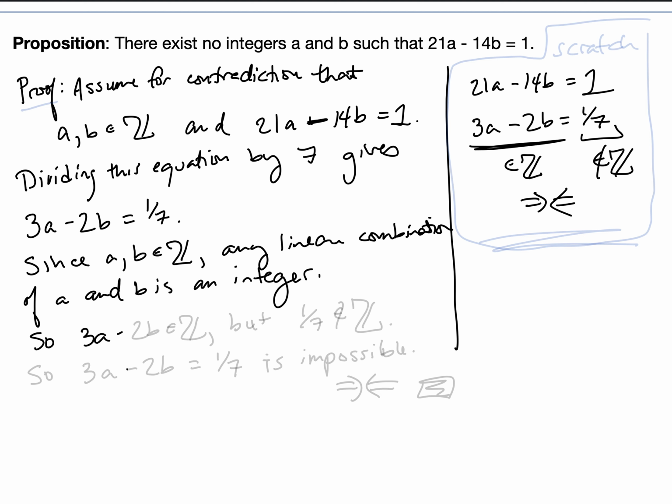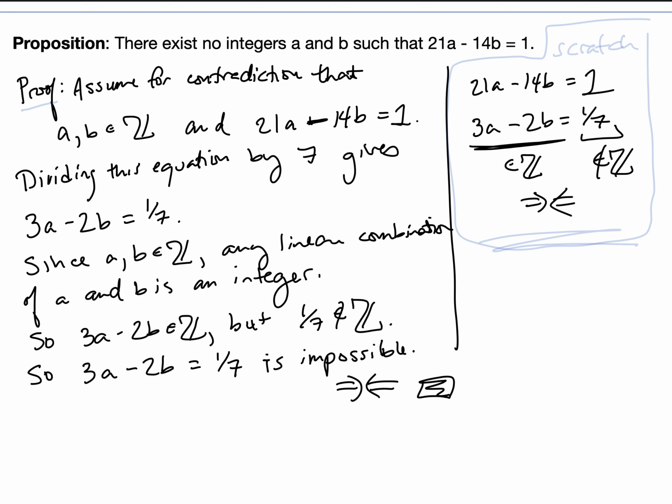So 3a minus 2b is in the integers, but 1/7 is not in the integers. We have seen that an integer is not equal to a non-integer. So 3a minus 2b equals 1/7 is impossible, is a contradiction. And so we have finished our proof. This is a contradiction, and we are done.